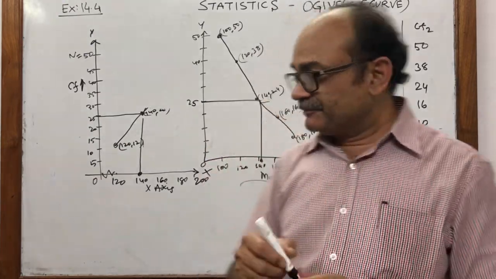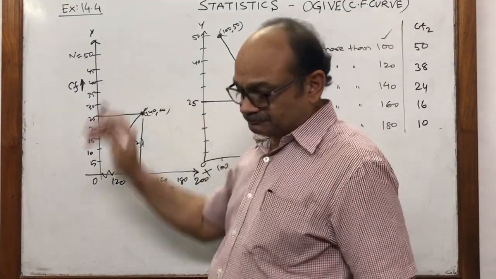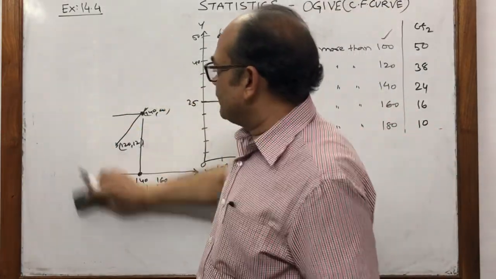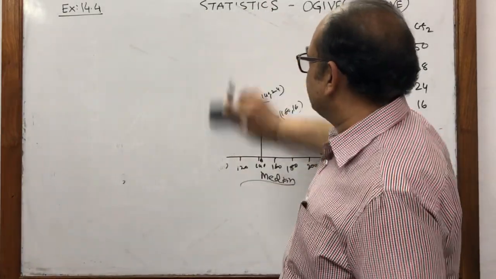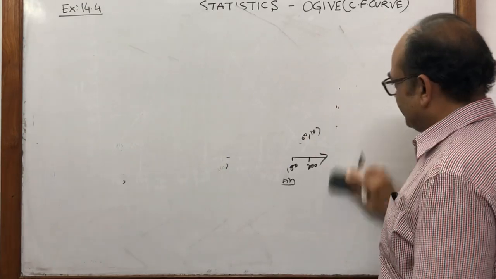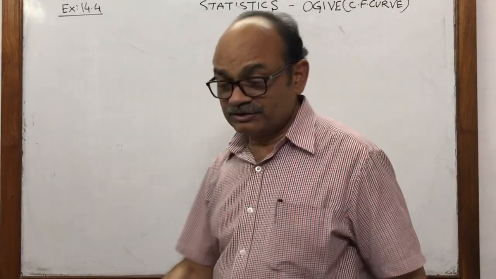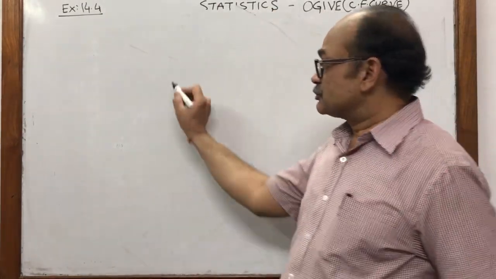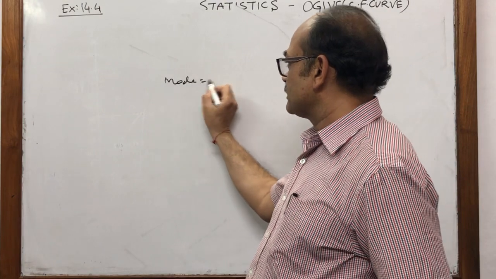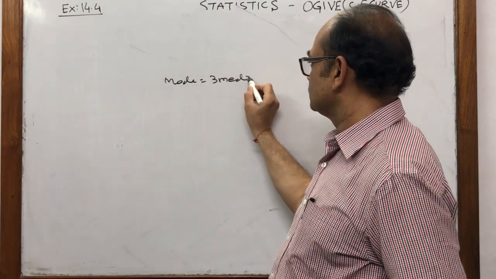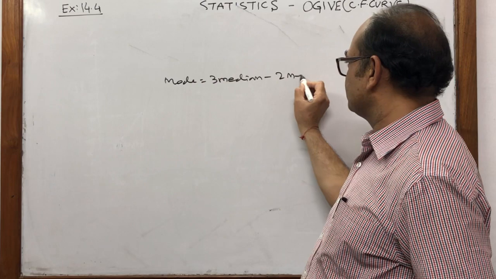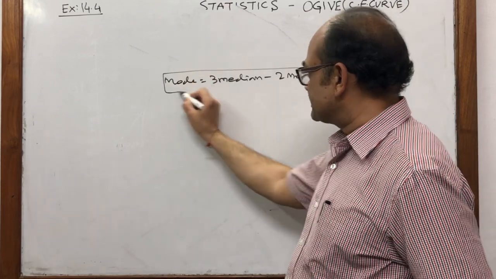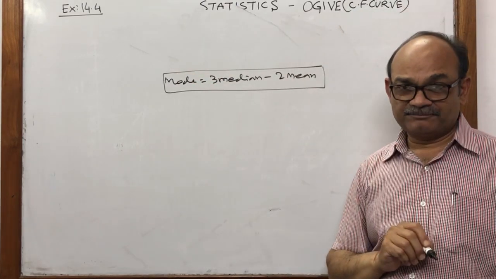Last important point, the empirical formula. A direct formula, the relation between these three, median, mode and mean. So mode equals 3 median minus 2 mean. It is said to be empirical formula.